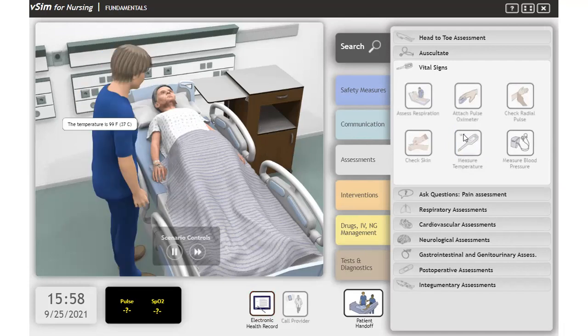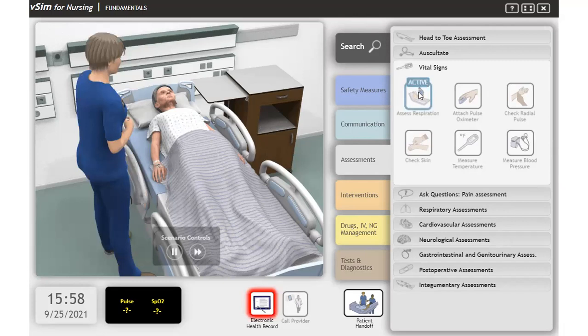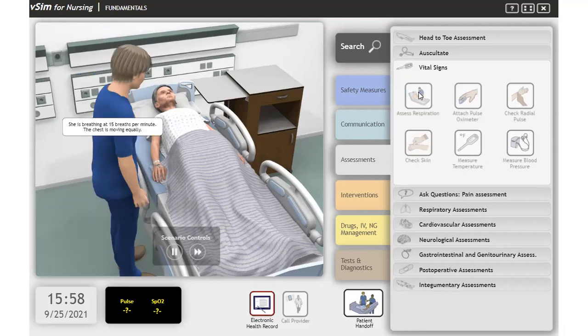The temperature is 99. She is breathing at 15 breaths per minute. The chest is moving equally.